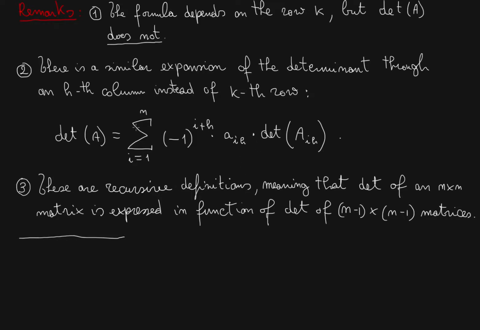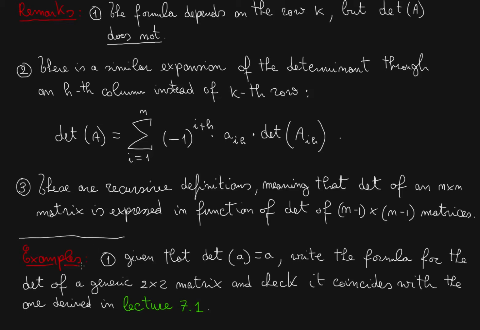The determinant of an n by n matrix called A is expressed in terms of certain coefficients of A, and then a determinant of an n minus 1 by n minus 1 matrix. Therefore, we assume to have the definition for n minus 1 by n minus 1 matrices, and using that definition we can define it for the matrix of the next order.